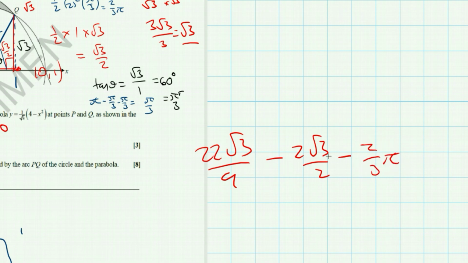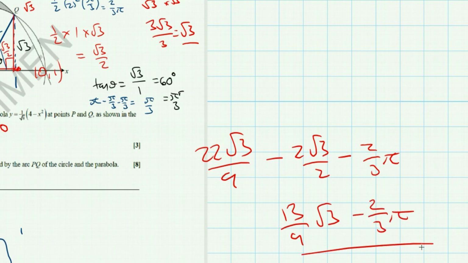As this is root 3 and root 3, we can simplify this a bit more, so 22 over 9 minus 1, which is 13 over 9, so you're going to get 13 over 9 root 3 minus 2 over 3 pi. And they want it in exact form, so that is your answer to this question.